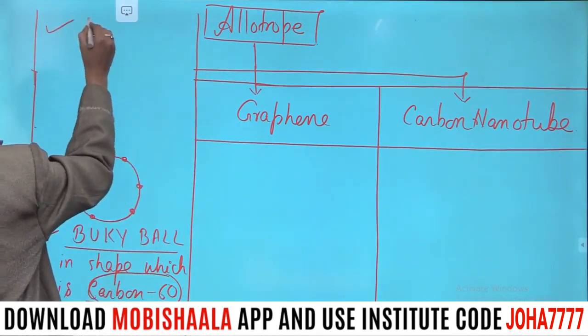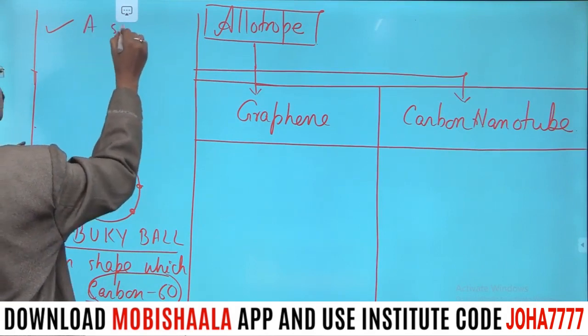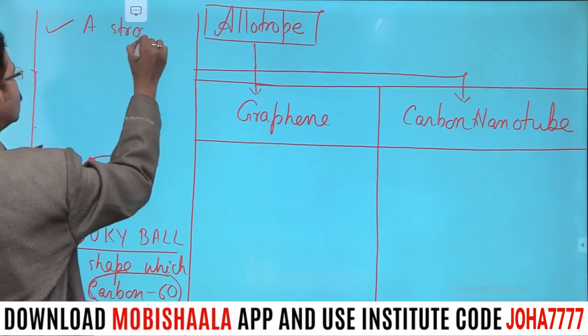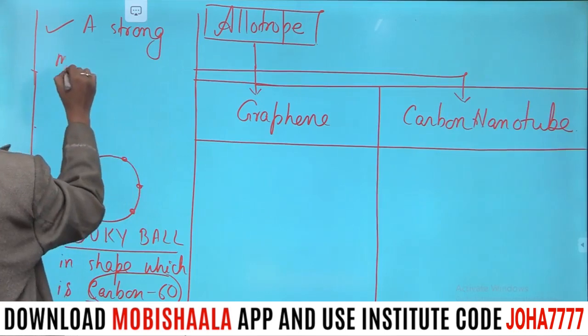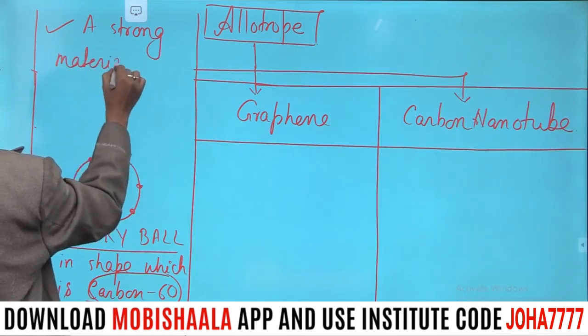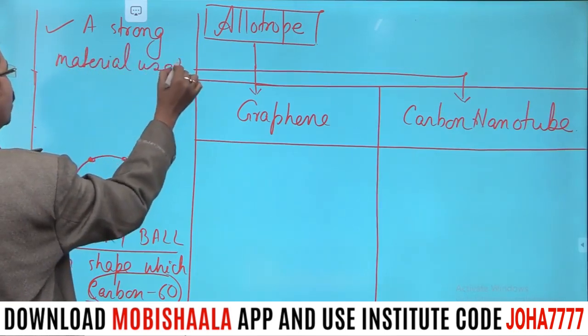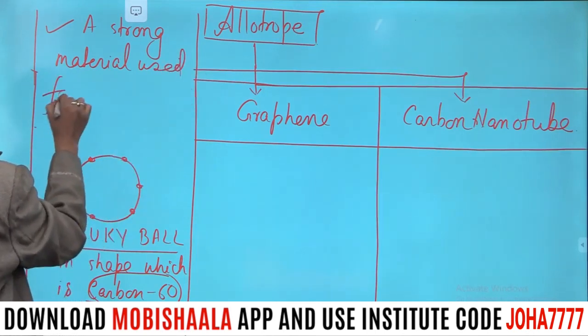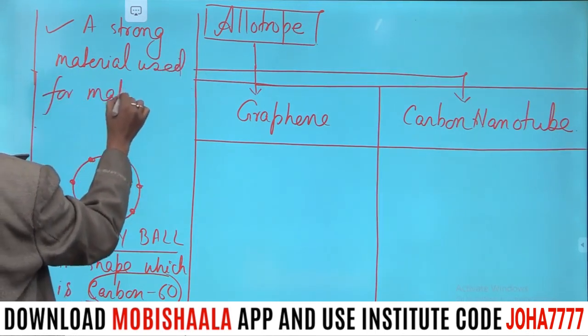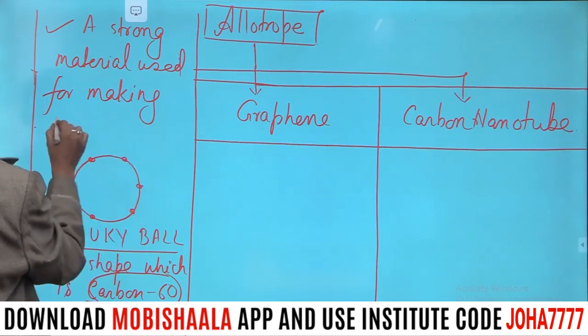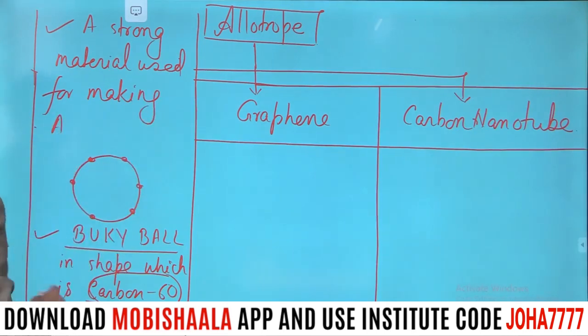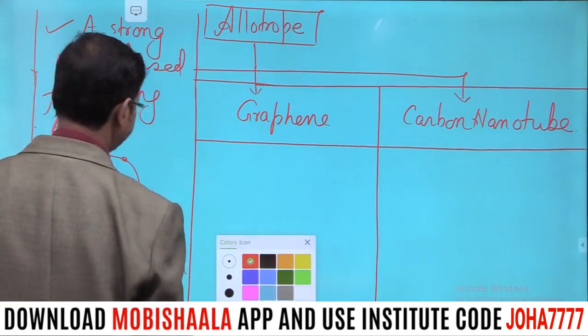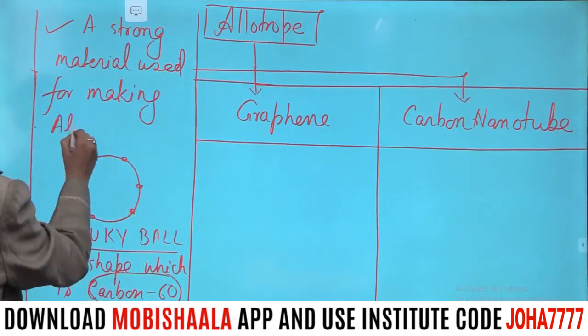It is a strong material used for making aluminum composite panel or metal composite panel.